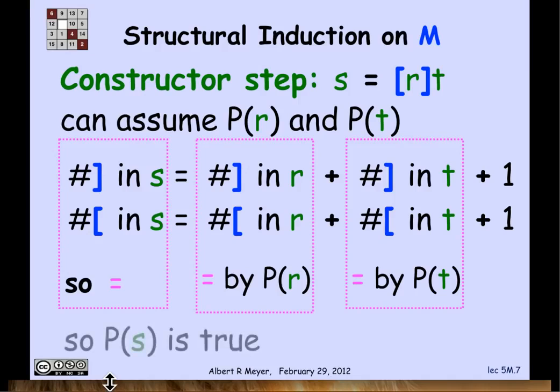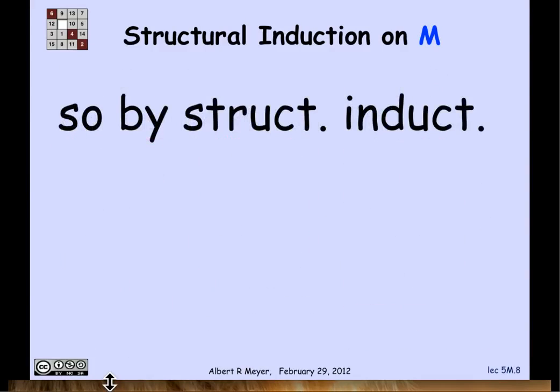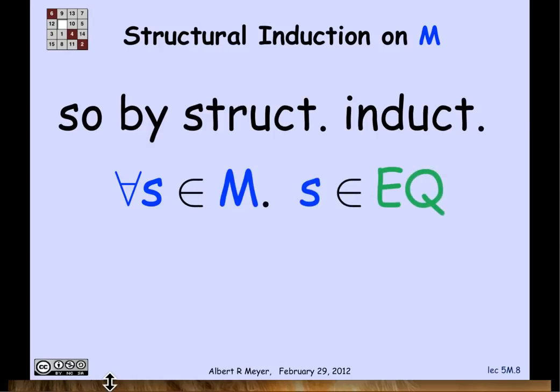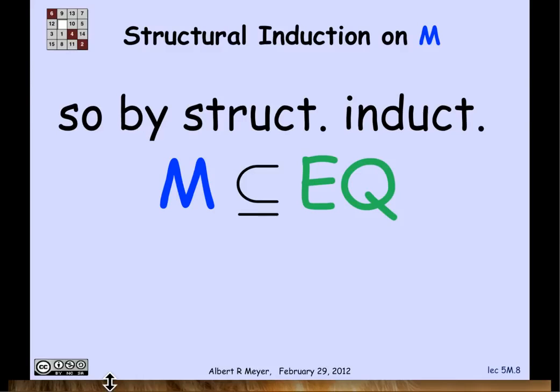We've just proved that the number of right brackets in S and the number of left brackets in S are the same. So P of S is true. The constructor case is covered. And we can conclude by structural induction that every S in the set M, a recursively defined set of strings of matched brackets, in fact has an equal number of left and right brackets, which means that M is a subset of EQ as claimed.